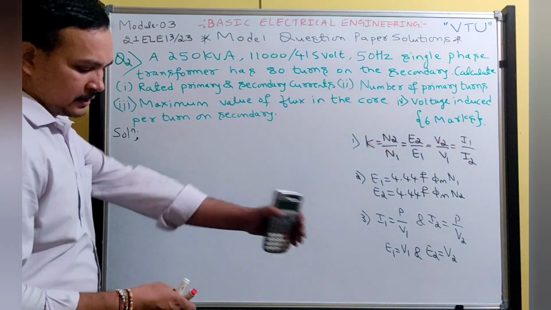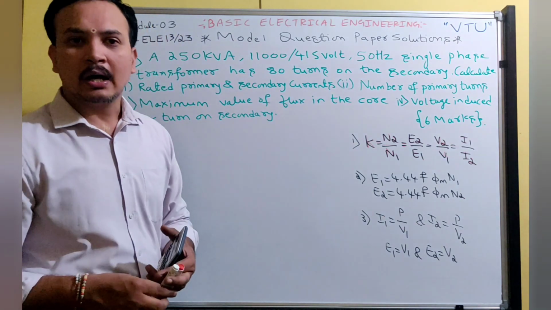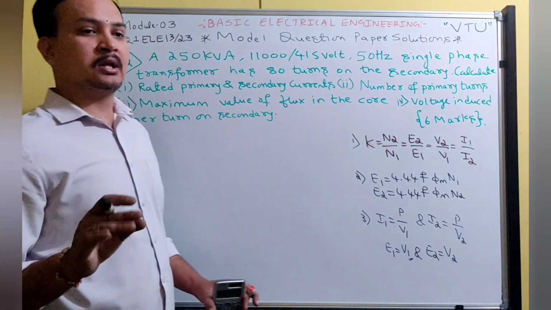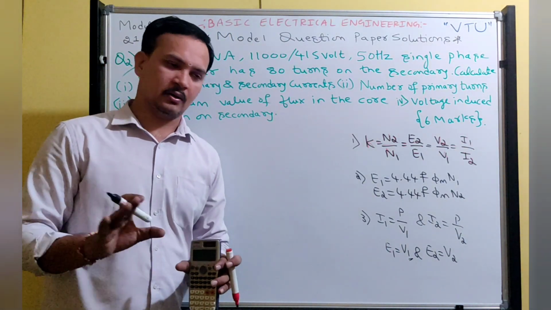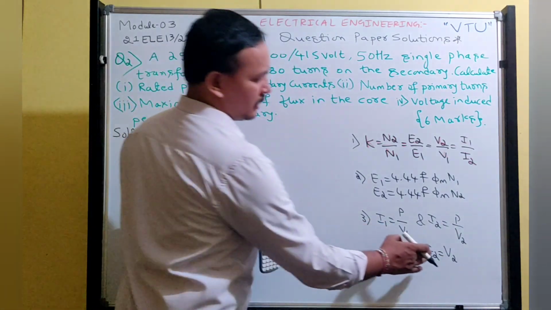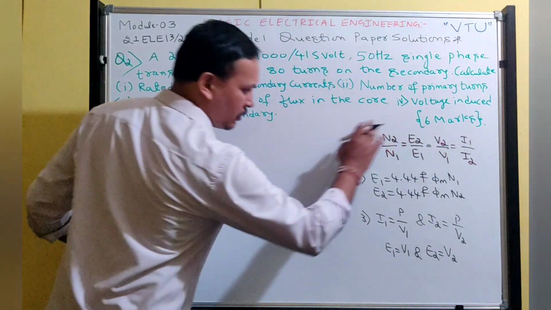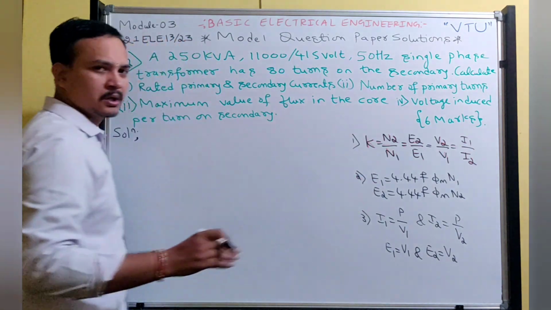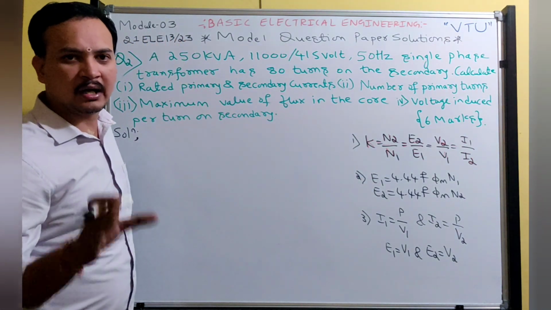But in first year you are studying only the basic level, so you can make the assumption. This assumption is valid for all problems on the EMF equation of transformer in the basic electrical engineering subject. Consider E1 equal to V1 blindly and E2 equal to V2. You must know only these formulas. If you know these formulas, you will get full marks on problems on the EMF equation of transformer.